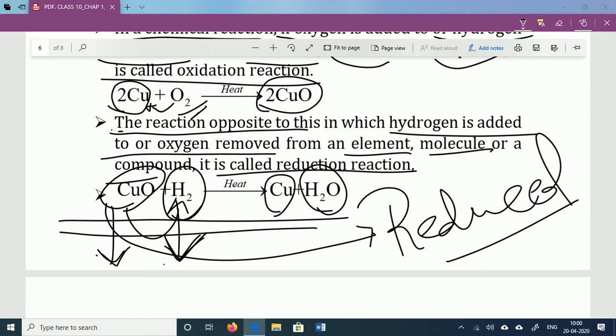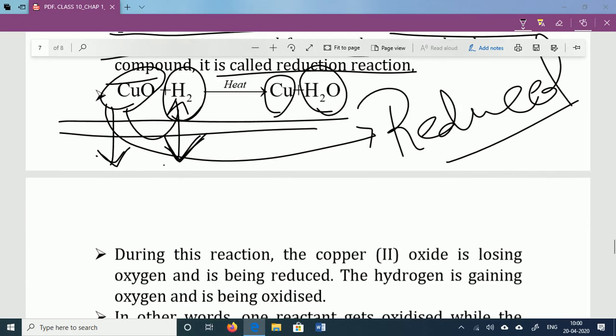So here reduction as well as oxidation both occur, and that's why this reaction should be called a redox reaction.